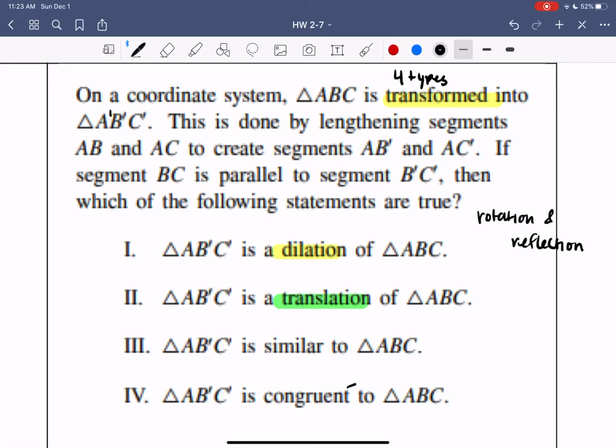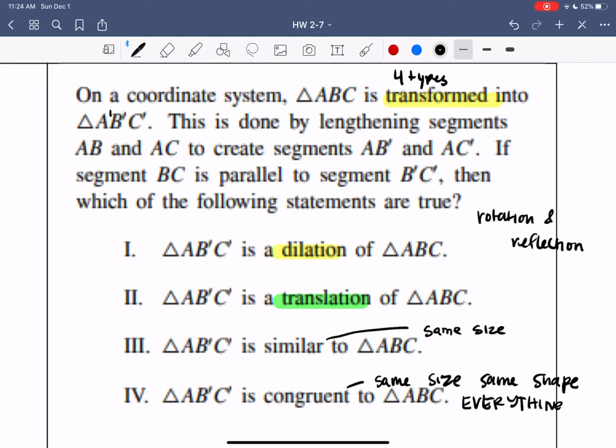So remember, congruent means same size, same shape, everything. And similar is same shape, different size.